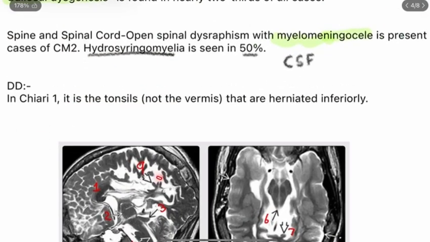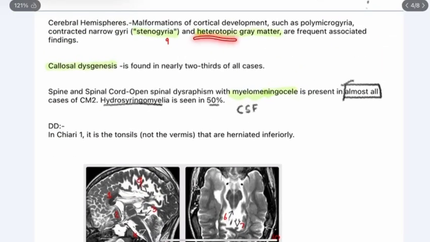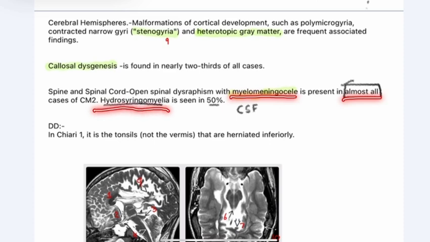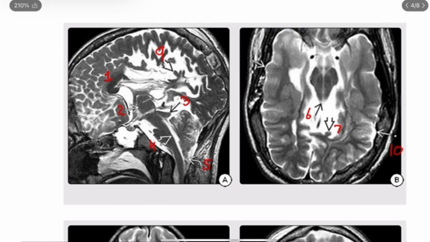Here in this image contracted narrow gyri can be seen. Then heterotopic grey matter. Callosal dysgenesis is found in nearly two-thirds of all cases. In the spine and spinal cord, we have studied that myelomeningocele is almost always present, and hydrosyringomyelia can be seen in 50% of the cases.